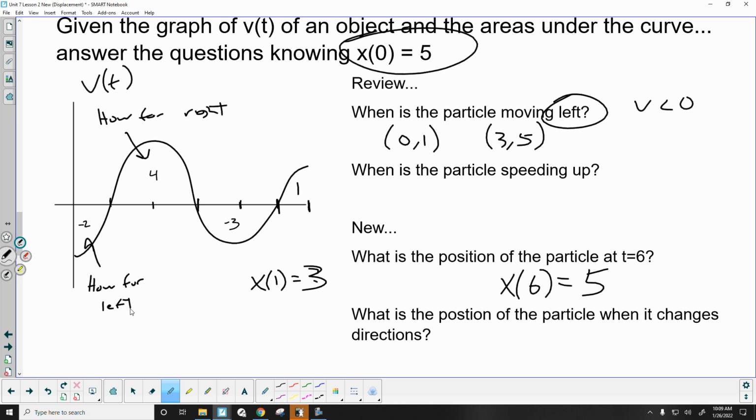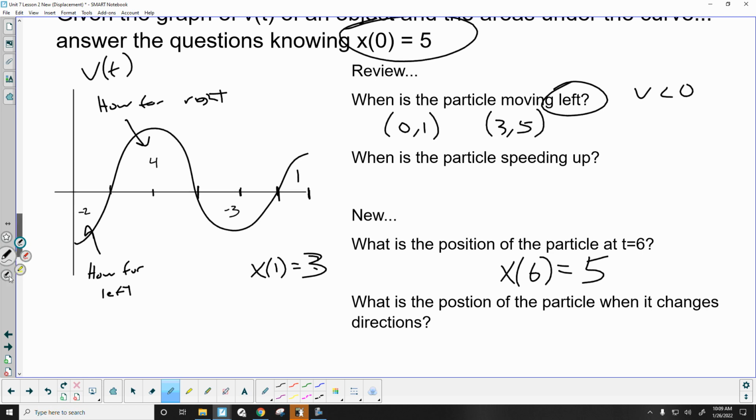We could understand all of the motion of my dude. The dude started at a position of 5. Everybody start your dude at a position of 5 at t equals 0. After 1 second, he's at a position of 3.